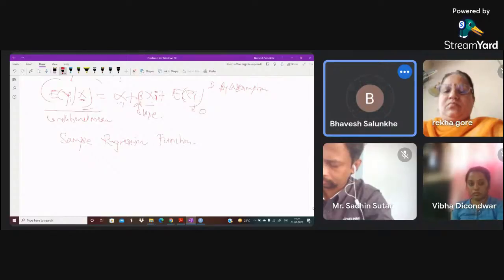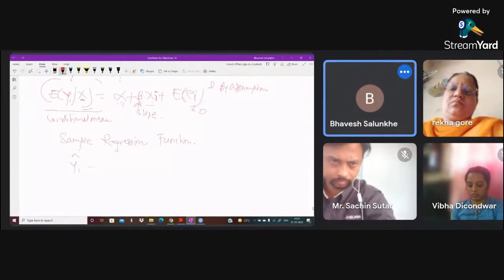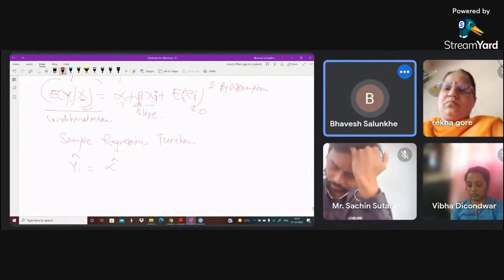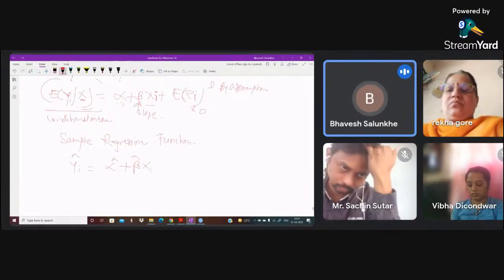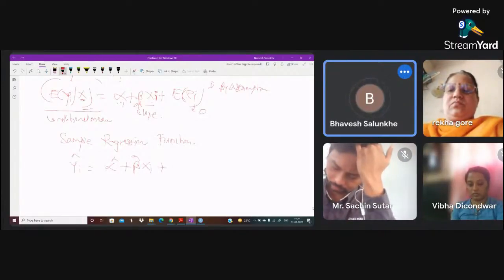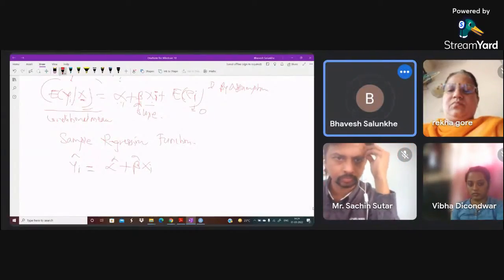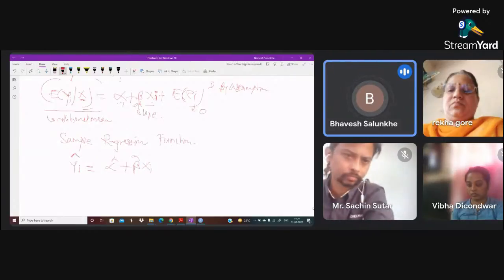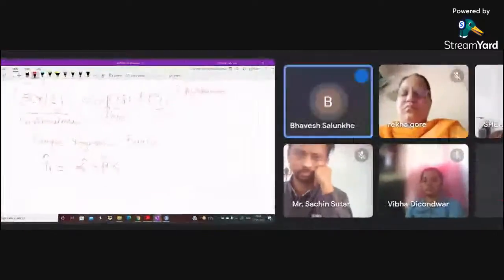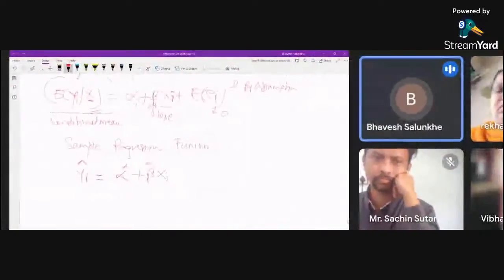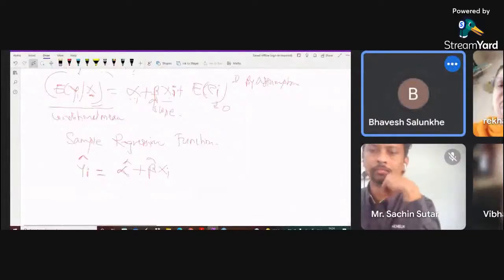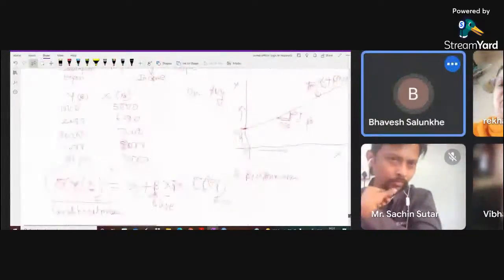Y hat is equal to alpha hat plus beta hat Xi, and the random error is not there. Just this much we will have for the estimated value of Y, or the predicted value of Yi from these estimated parameters alpha hat and beta hat. And these values we estimate on the basis of the sample we have.